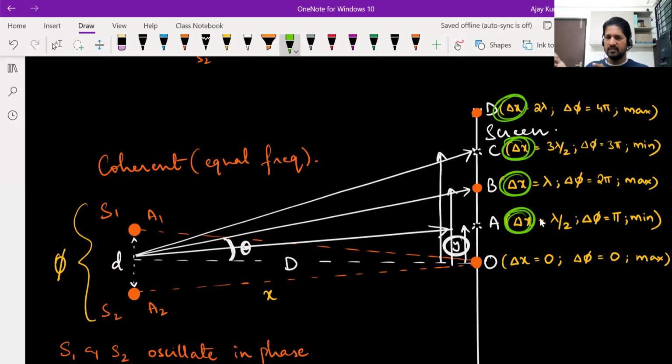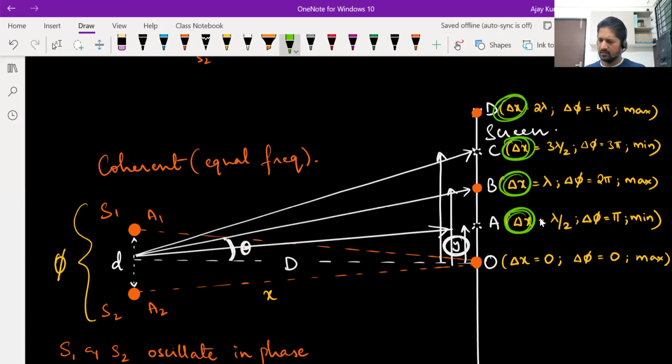Because based on the path difference only, we'll know whether it's a bright spot or a dark spot. And based on that, we have to find out the distance or the angle. So we need to relate the angle theta and the distance y to the path difference delta x with which the waves arrive there.